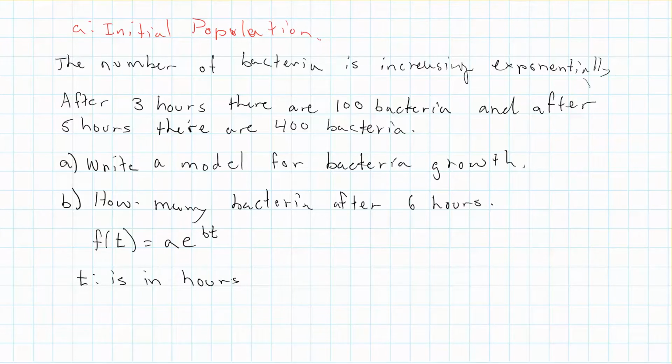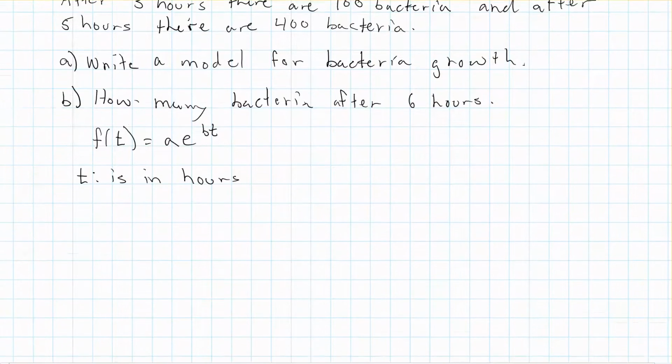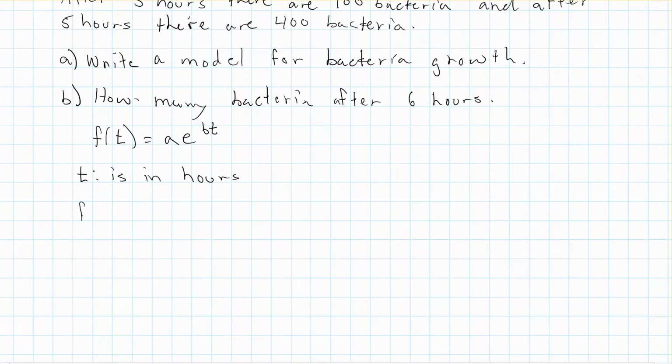And of course, it makes sense that I'm making it hours because I'm given hours as far as information in the problem. I've got 3 hours and then 5 hours. All right, and then let's just go ahead and write down f at t. This is the number of bacteria after t hours.